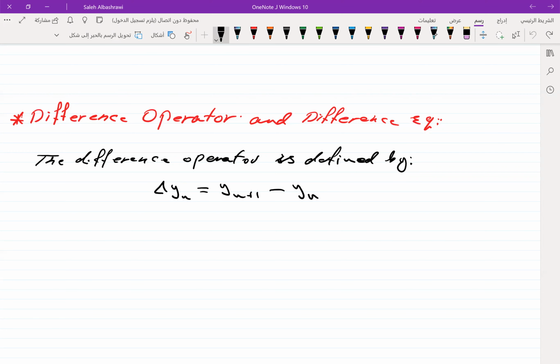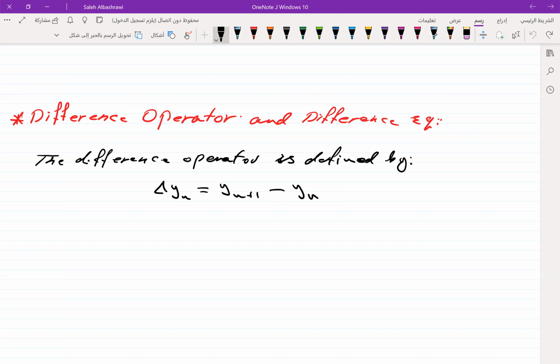So it is an operator to find the difference between any successive values of a function. We have a function y, and finding the difference between any two successive values of that function is called the difference operator. So delta y sub n equals y sub n plus 1 minus y sub n.